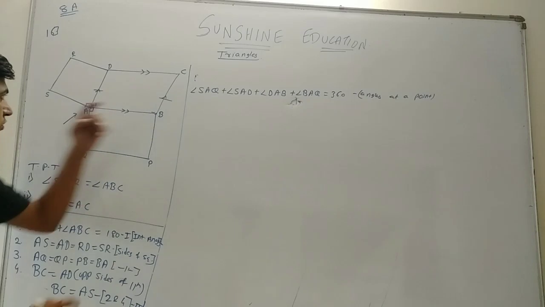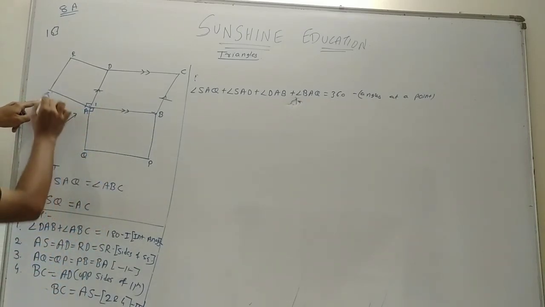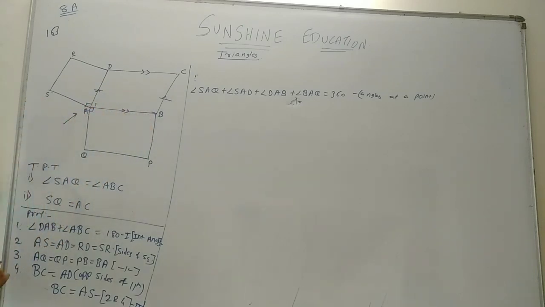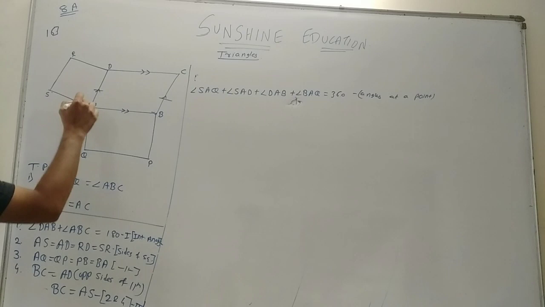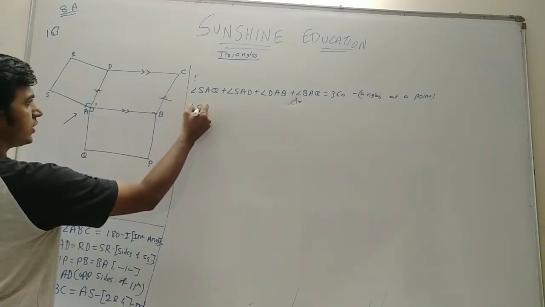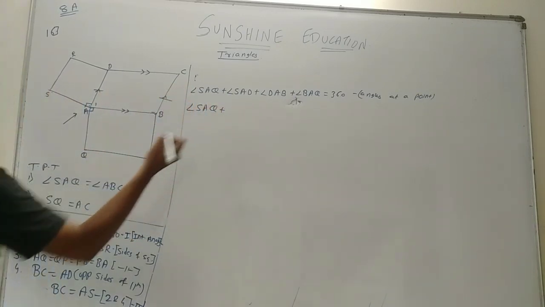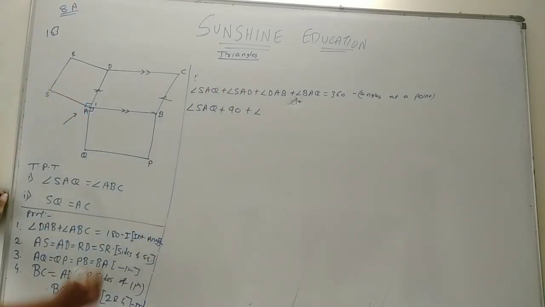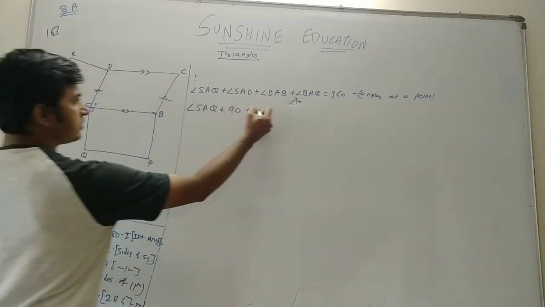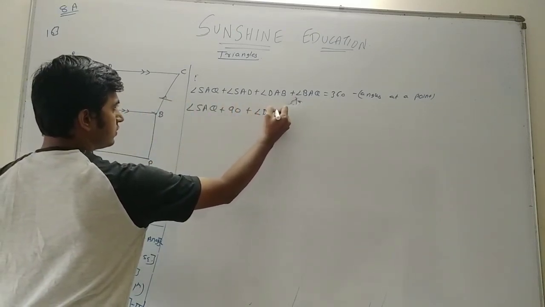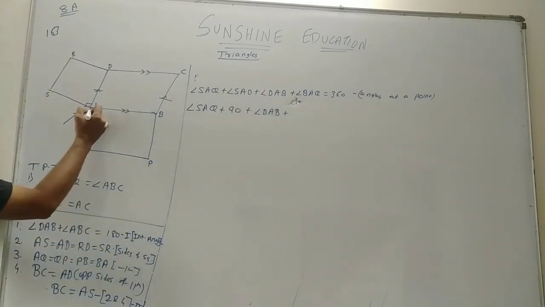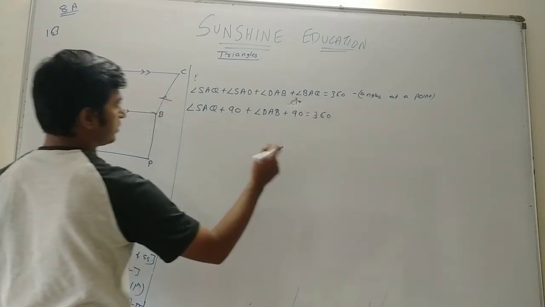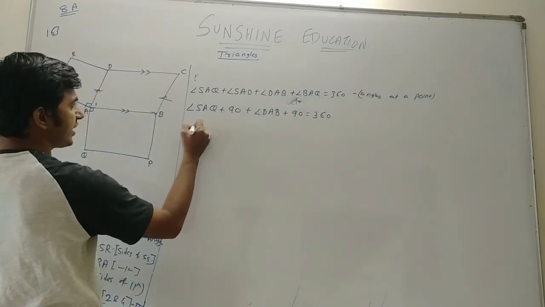Again moving to this. ASQ, SAD, DAB, BAQ is equal to 360, angles at a point. So SAQ as it is, that we need to prove, plus SAD 90, DAB as it is, plus BAQ again 90, is equal to 360. 90 plus 90 is 180, so 180 gets subtracted.